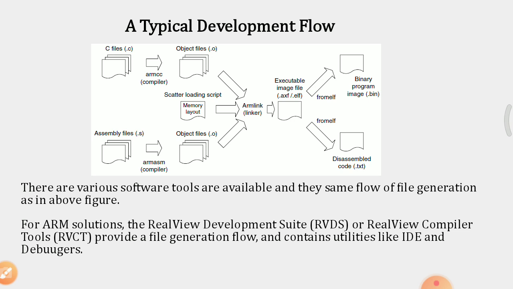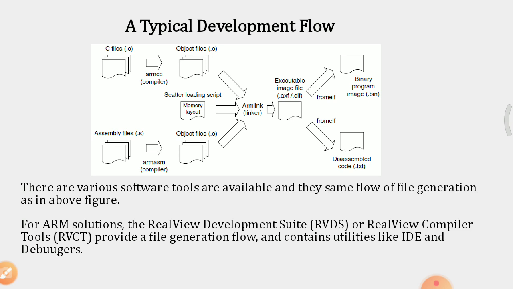These files do not have a proper memory layout. That is why these files cannot be executed. Later on, these object files are going to be linked with the library files. That is done by using a tool armlink, which is a linker.